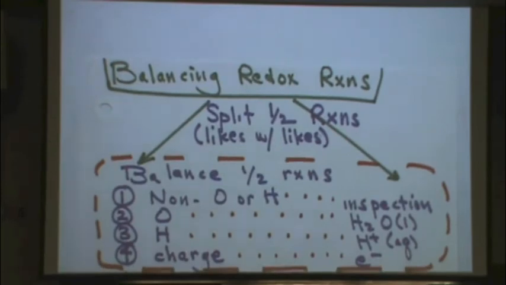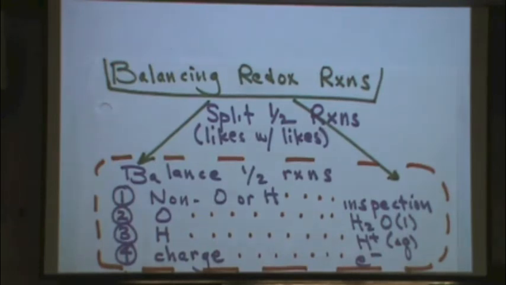Here's what you do. You split the reaction into half reactions, by following the Sesame Street example of like things go with other likes. Okay? And you'll see how this works. Then, you balance each half reaction separately. You split it in half, and so thus they're called half reactions. There's 4 steps to balance a half reaction.